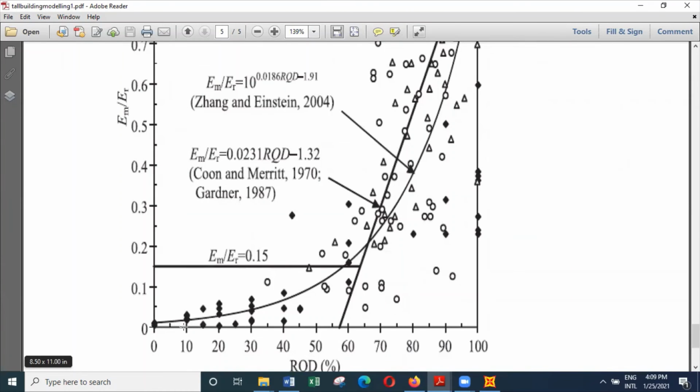Whereas if it is highly fractured, like RQD is only 10, then it can be only 0.01 times the elastic modulus. Then it can drop to about 0.4 into 10 to the power 6, so only about 400,000 kilonewtons per meter squared.